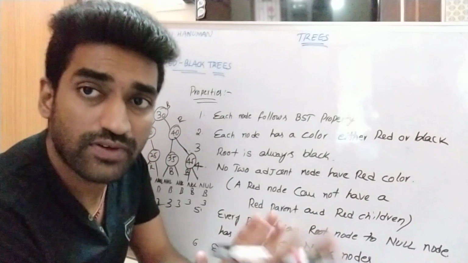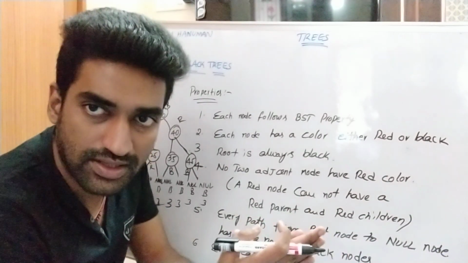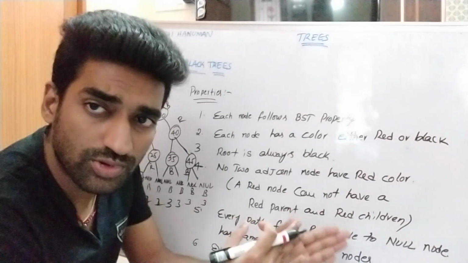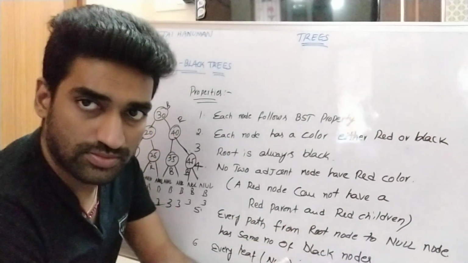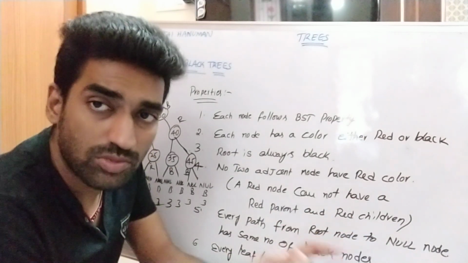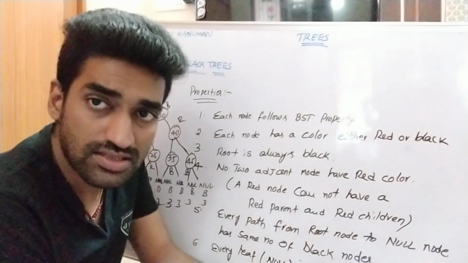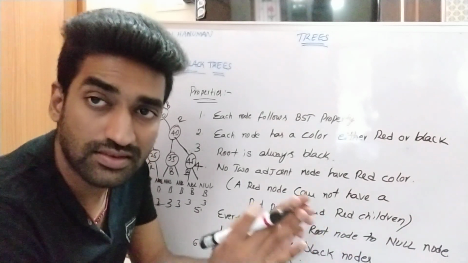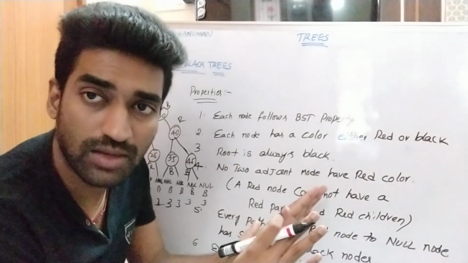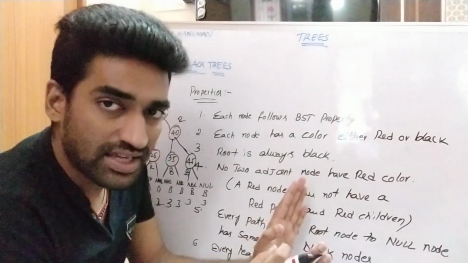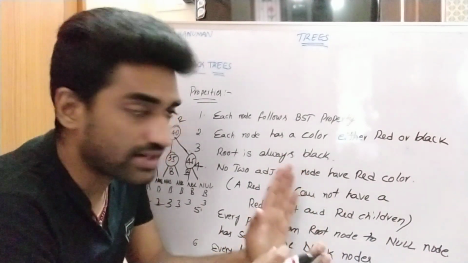That constraint is only for red nodes, not for black nodes. Remember that. Then every path from a root node to a null node has the same number of black nodes. And one more thing, in red black trees, leaf nodes must be null, and that null is labeled black only. So these are the major properties for red black trees.